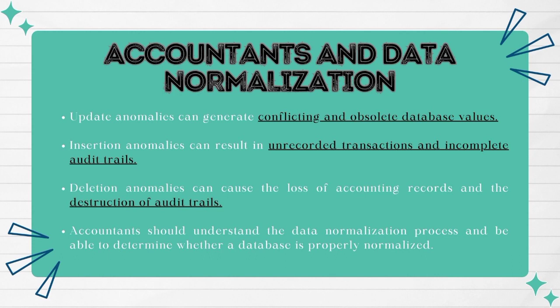And also sa insertion anomalies where it can result in unrecorded transactions and incomplete audit trails. And also, deletion anomalies can cause the loss of accounting records and the destruction of audit trails. Although most accountants will not be responsible for normalizing an organization's databases, they should have an understanding of the process and be able to determine whether a table is properly normalized.